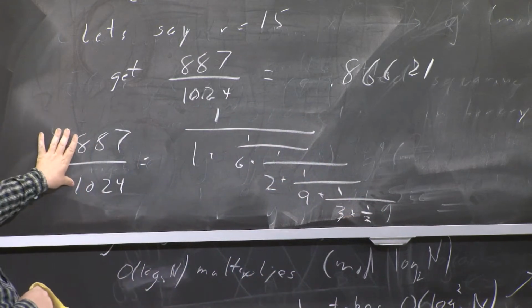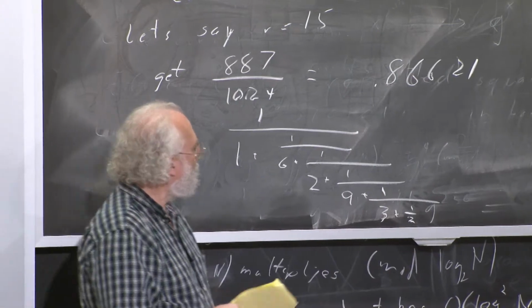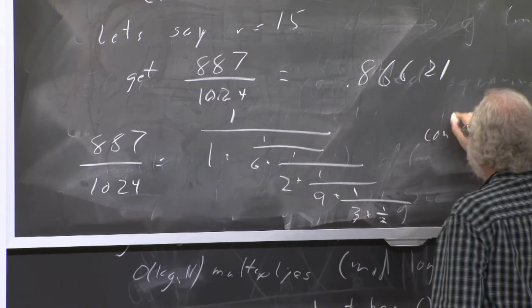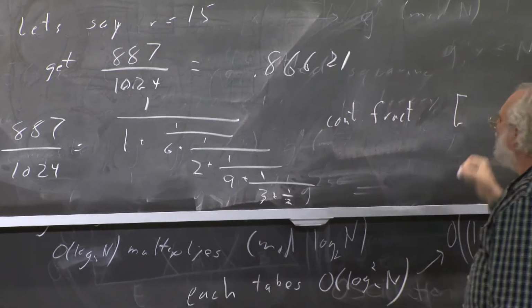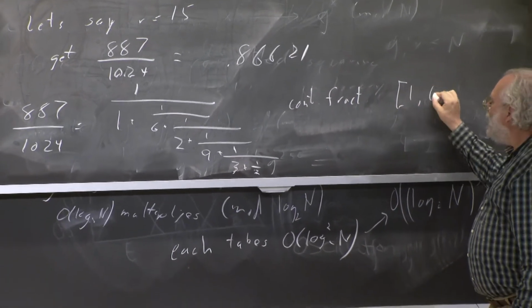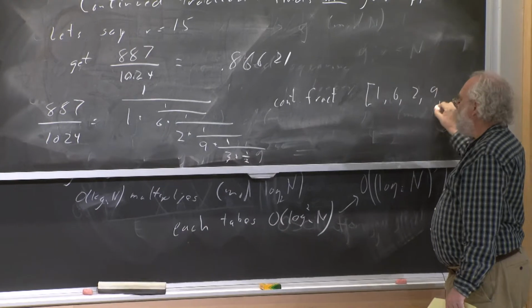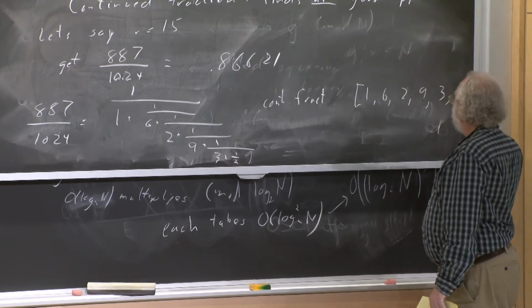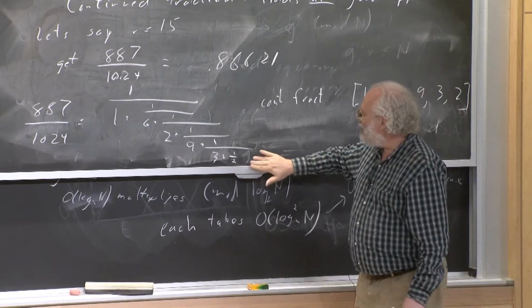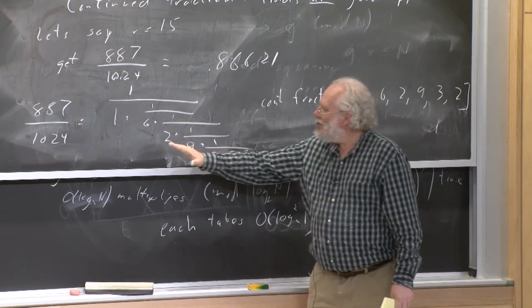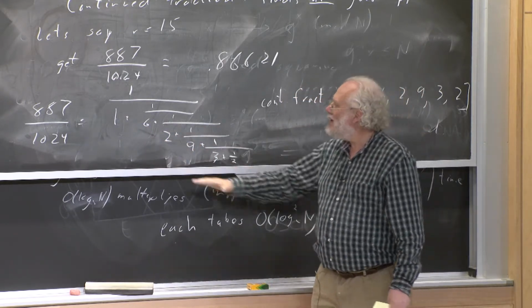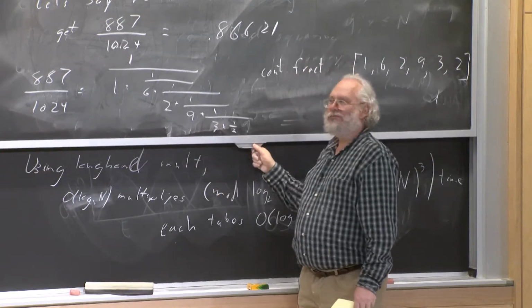So 887 over 1024 equals that. And the continued fraction is 1, 6, 2, 9, 3, 2. So just these pieces of the denominator of the continued fraction.